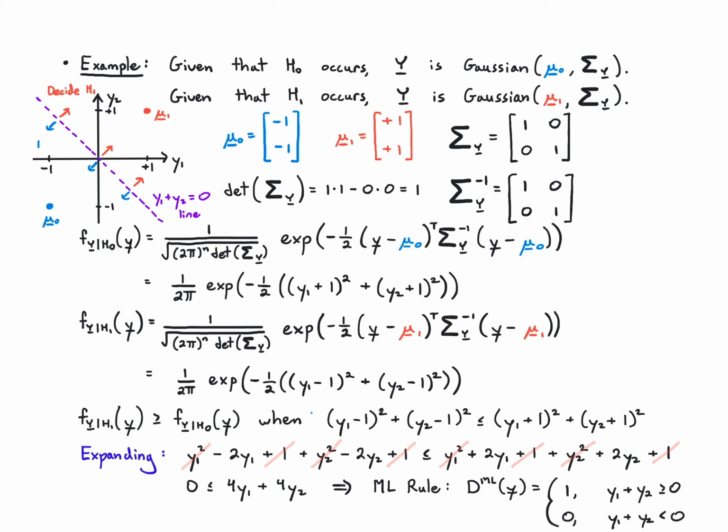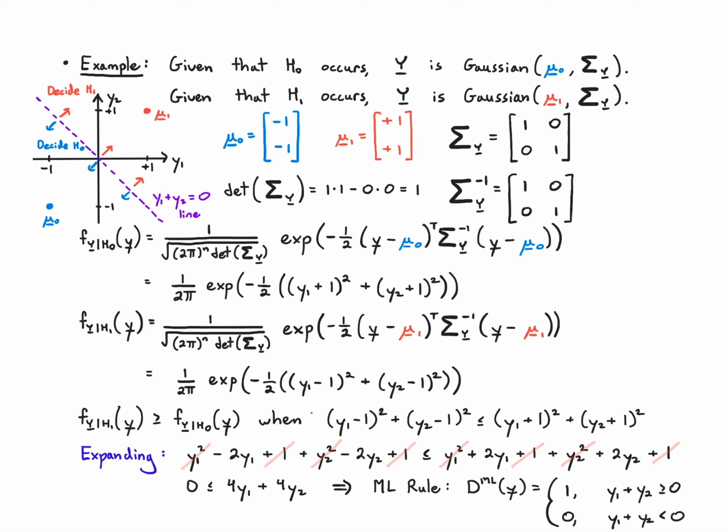So basically, these red arrows are showing me where I'm deciding H1, and these blue arrows are showing me where I'm deciding H0. And that again makes sense. I'm deciding for the closer mean vector, right? So it's very geometric in this case because of the Gaussian noise. I'm just trying to figure out which of those mean vectors is closer to my observation.